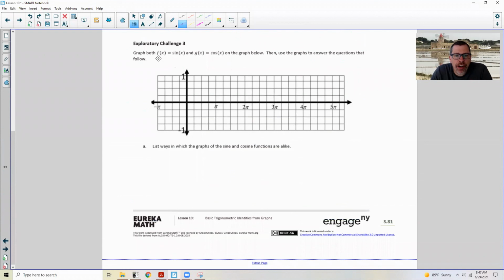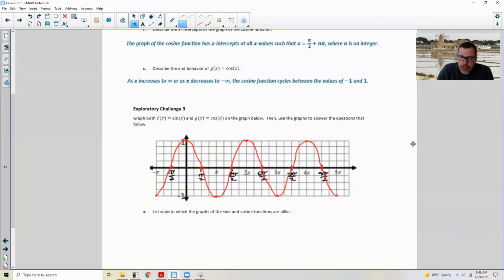Exploratory challenge 3, graph both f of x equals sine x and g of x equals cos x on the graph below, then use the graphs to answer the questions that follow. Since we've already done this, I'm just trying to save some time here. Here is the graph of the cosine of x, notice how it reflects across the y-axis, pi over 2, negative pi over 2.